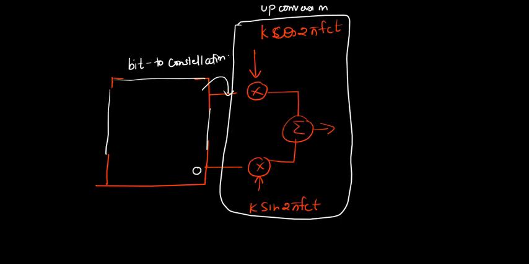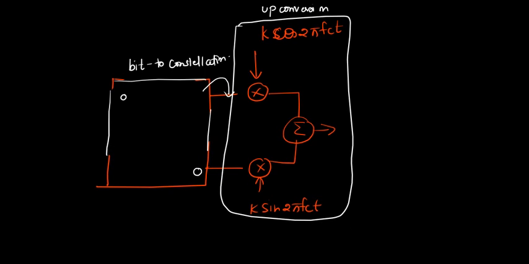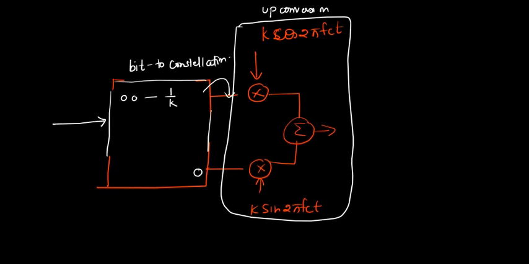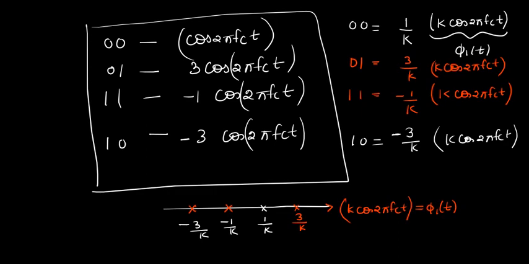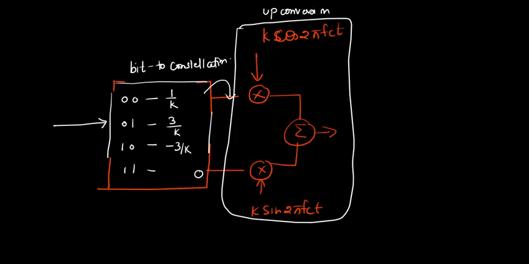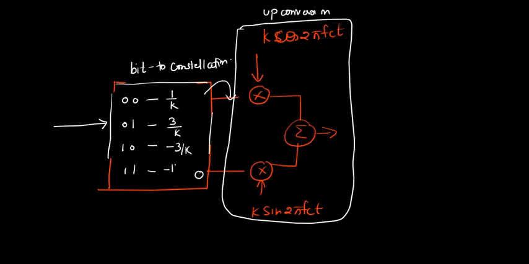So, now what will you do here? Whenever 0 0 enters here, you will just transmit 1 by k, and for 0 1, 1 0 and 1 1 accordingly you will do, 1 0 minus 3 by k, 1 1 and so on. Here always 0, and whatever is here you will just provide this.